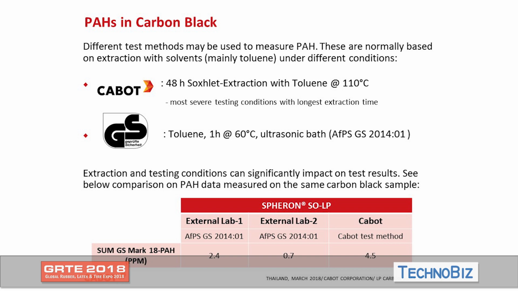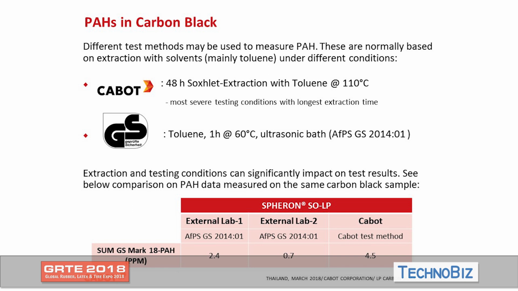In most cases, the GS mark requirement is toluene-based, 1 hour at 60 degrees in an ultrasonic bath. I think this is the more common method to test PAH, but for Cabot we use the strict way to get our numbers. So the numbers can be quite different, as I listed here. If we highlight the whole GS mark, it's 18 PAHs based on ppm.